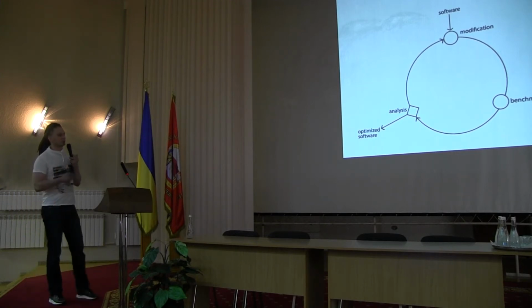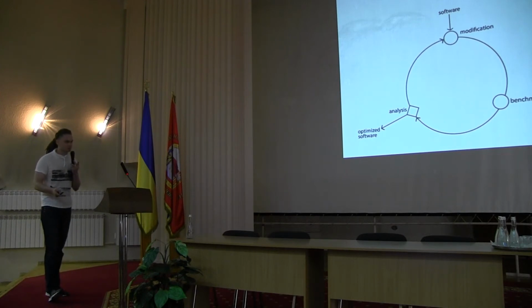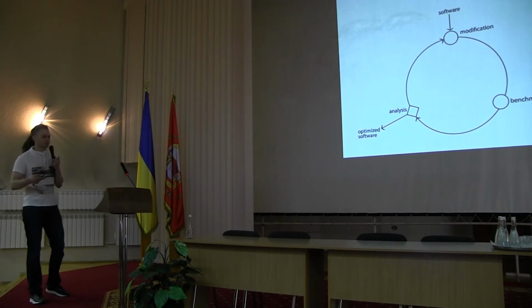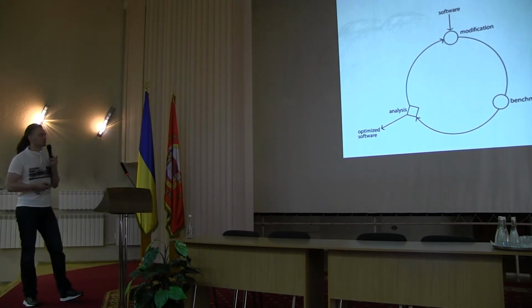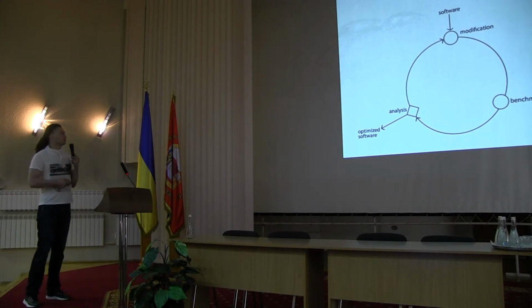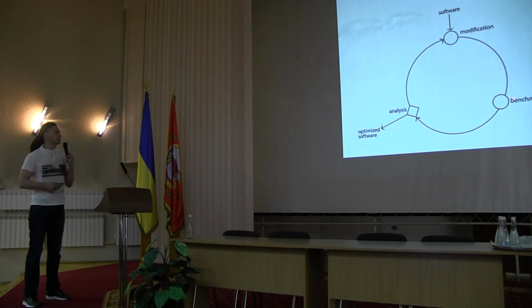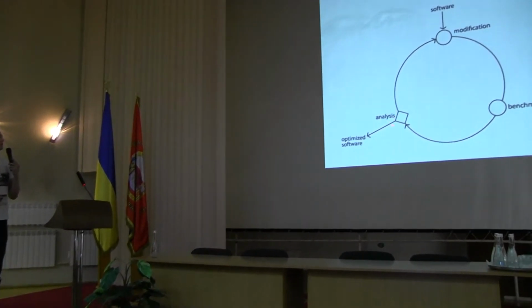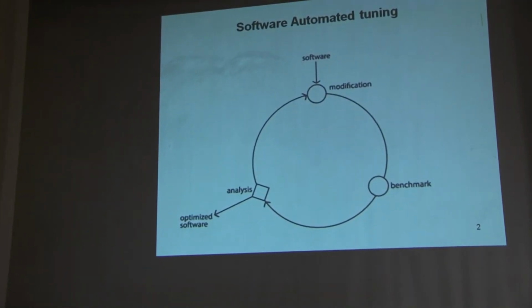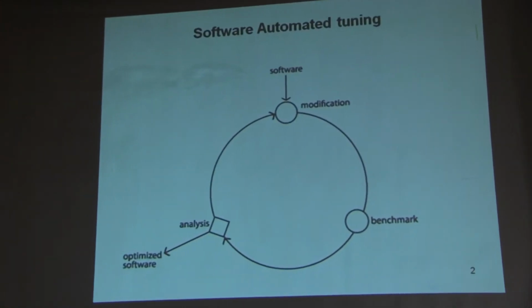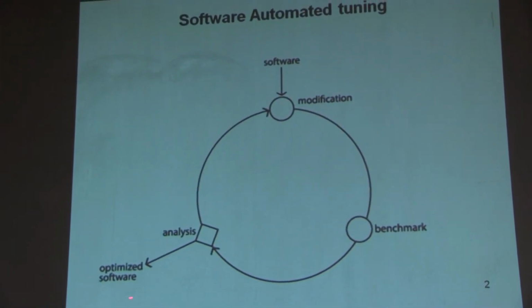We execute the program, look at how much time it took, and check that the result is precise, because sometimes you may spend less time in computation, but the result will not be as precise as you want. You make a modification, benchmark this version, check that everything is okay, until all possible variations are evaluated, and you have an optimized version.